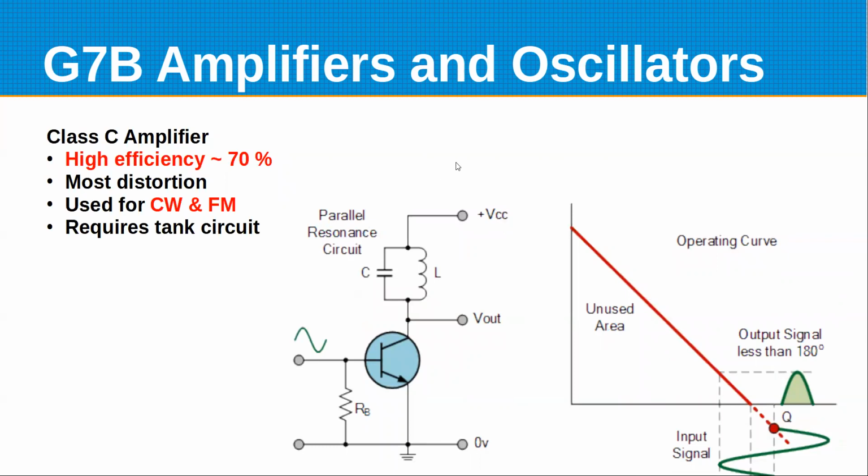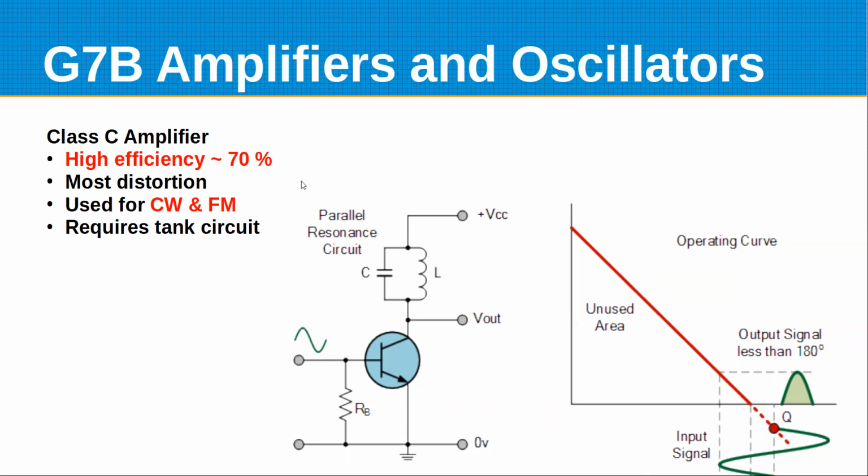Class C is the most efficient of that series, up around 70%. It has the most distortion. It's typically used if you're doing CW or FM because they aren't sensitive or shouldn't be sensitive to amplitude variations, just frequency.